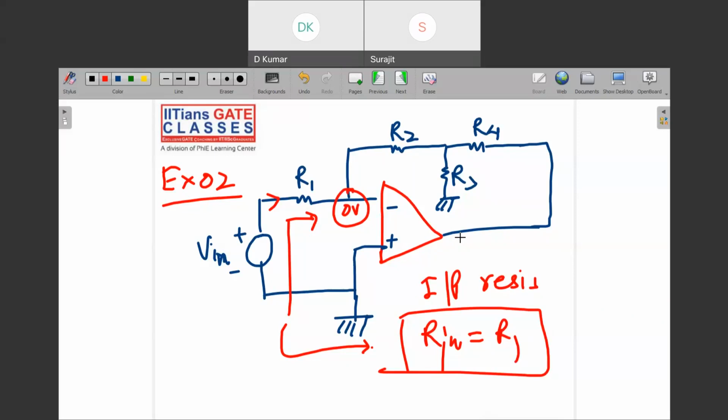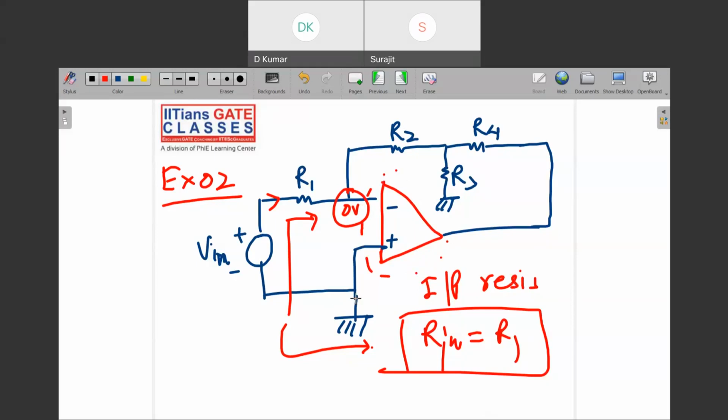Whenever the op amp is not in ideal condition, whenever it has finite gain, we will come to that. You have to replace this op amp with its equivalent and apply the same concept. Apply the test voltage to determine the output resistance, and then apply KVL, KCL, whatever laws are there. So you will get that.